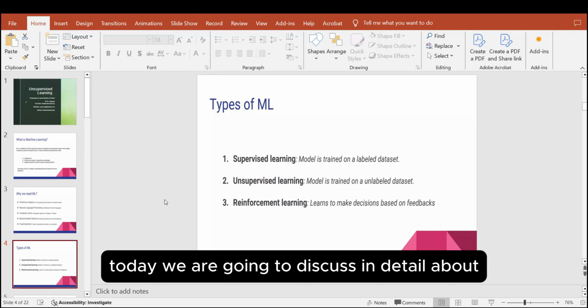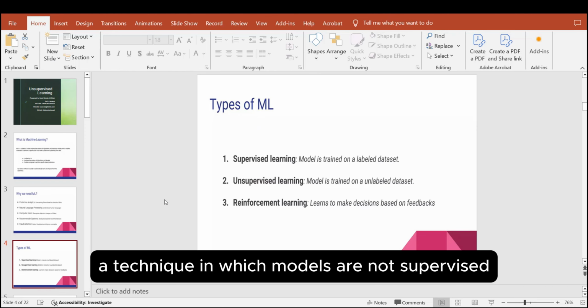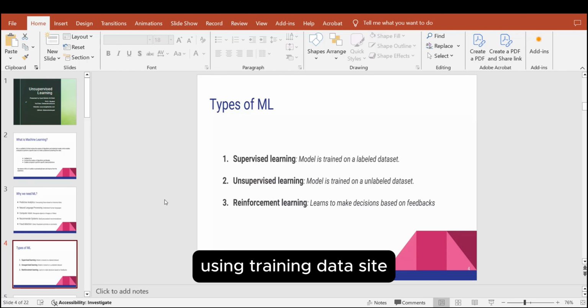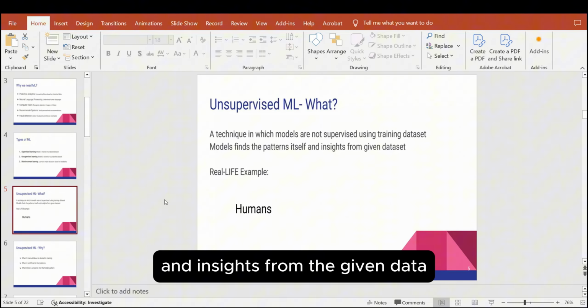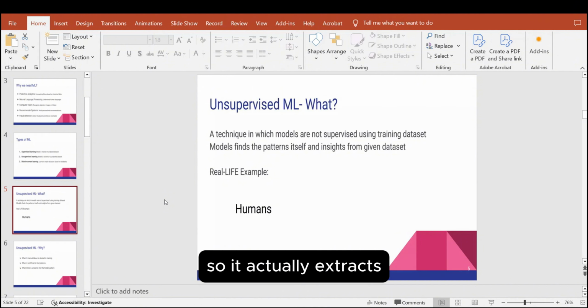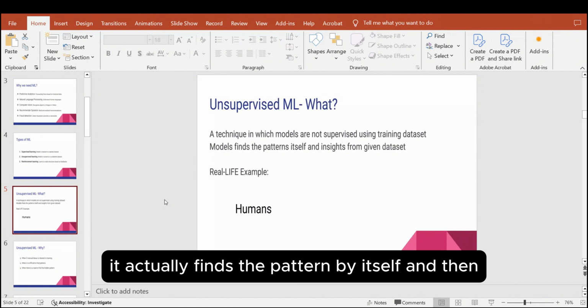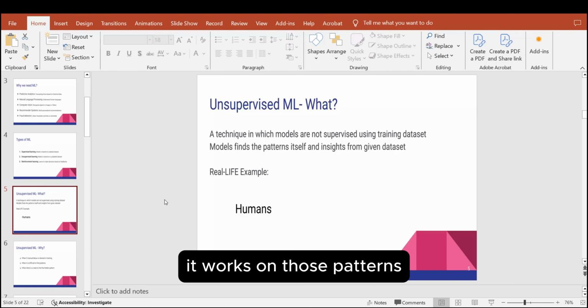Today we are going to discuss in detail unsupervised machine learning, a technique in which models are not supervised using a training data set. Models find the patterns and insights from the given data by themselves. Real life examples are just like humans: it finds the patterns by itself, and then it works on those patterns.